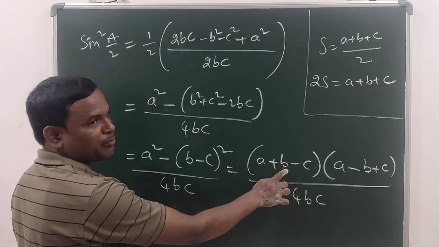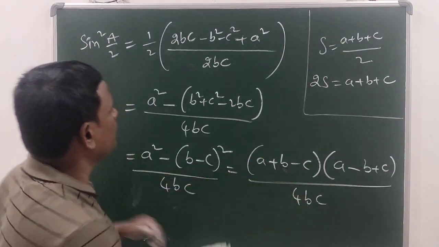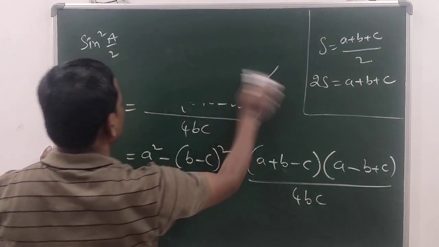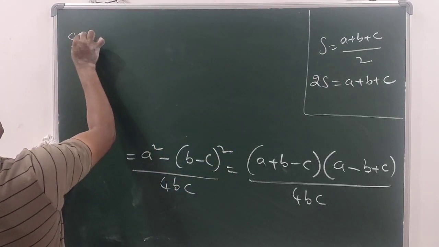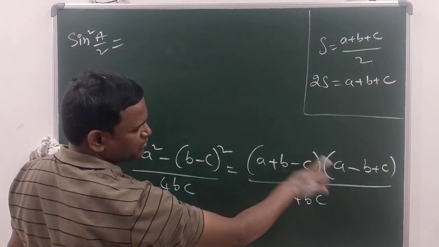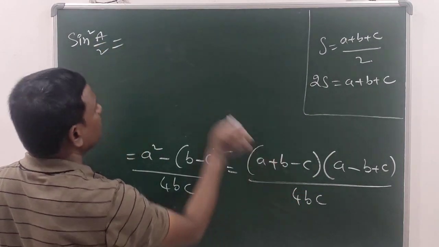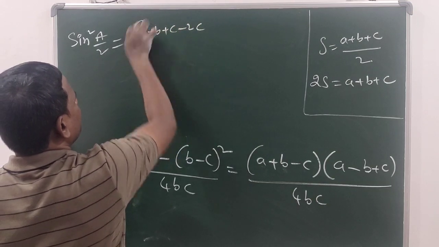Now here add plus c and minus c. So that here what do you get? Students, now sin square A by 2 is equal to, so here we got this much now. In the next step, I would like to write a plus b plus c minus 2c. Can we write this one?